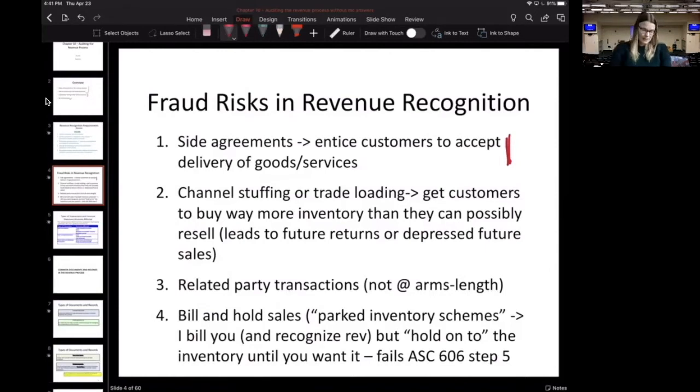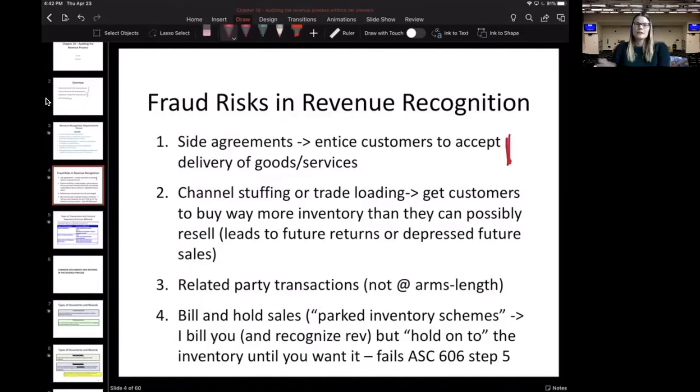Okay, so the idea there is, right, I call them and I'm like, okay, I'll give you 20% off or 30% off, some really great deal if you take some of this excess inventory off my hands in the next couple of weeks, and I can recognize that sale as part of December's revenue, and I can hit my goals.